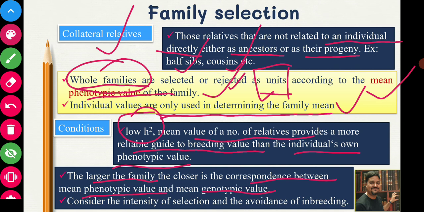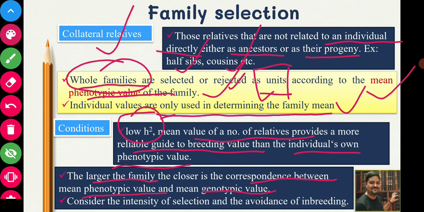So this superiority and inferiority will be cancelled out, and this mean phenotypic value will give an actual idea of what superior genes the parents were possessing. That means the mean phenotypic value will be almost equal to the mean genotypic value of that particular family, because deviations are cancelled out.